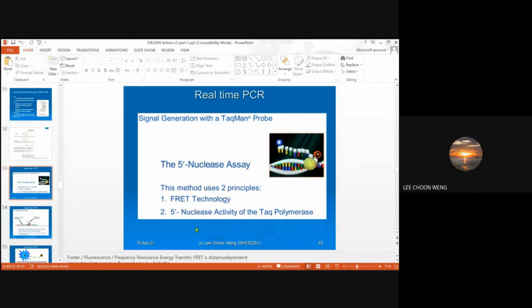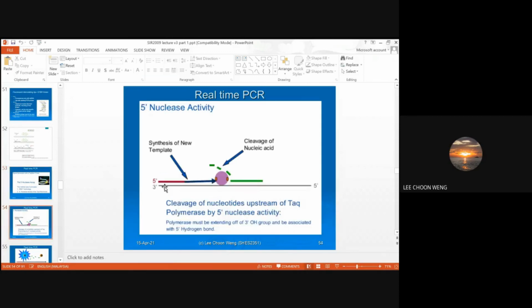However, the Taq polymerase has a 5' nuclease activity. So as the amplification continues, the 5' nuclease activity will degrade the probe. When you degrade the probe, the reporter and the quencher are separated.